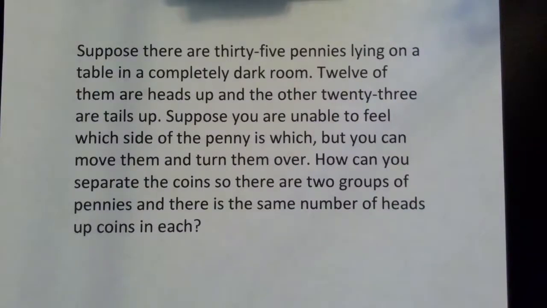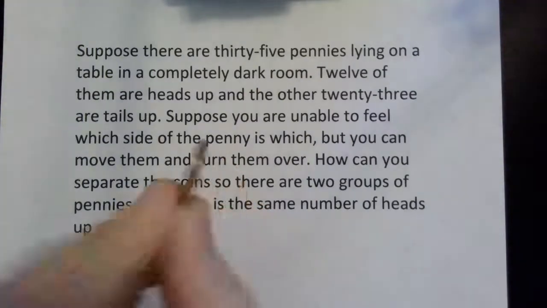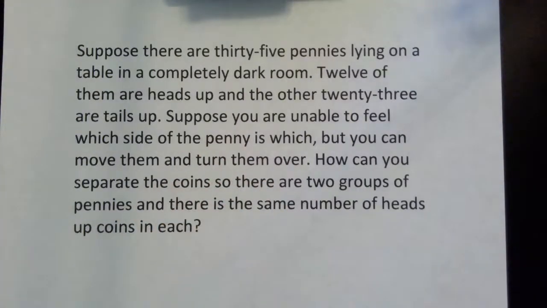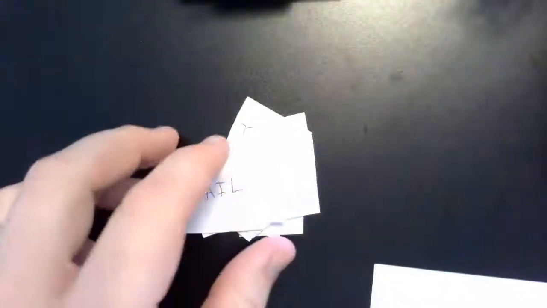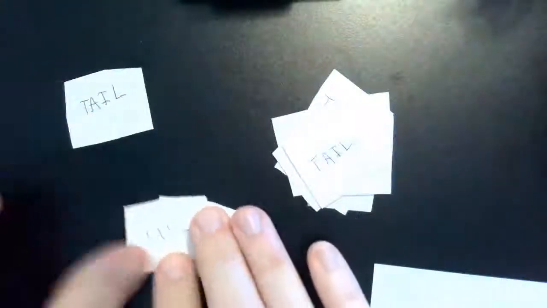I was going to actually act it out. So I went and found some pennies, but I realized that they wouldn't record well, and I didn't have a bunch that matched. I certainly didn't have 23. So instead of using pennies, and this is what I do whenever I can't find enough things, I've got some manipulatives. What I did is I just took some pieces of paper and cut them up.